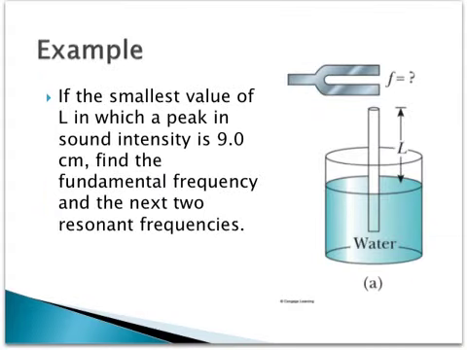Here's an example problem of how we can use these ideas of interference with sound waves and standing waves. What we have here, something that you will do in class, is a tuning fork being held over a tube that's placed in water. You have a tube that's open at one end and closed at the other, so this represents a closed tube.